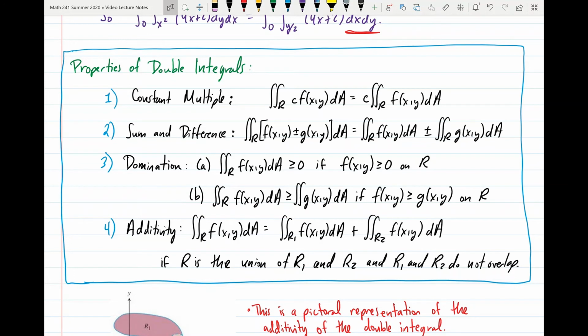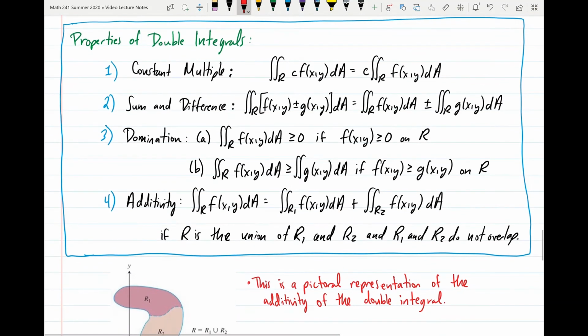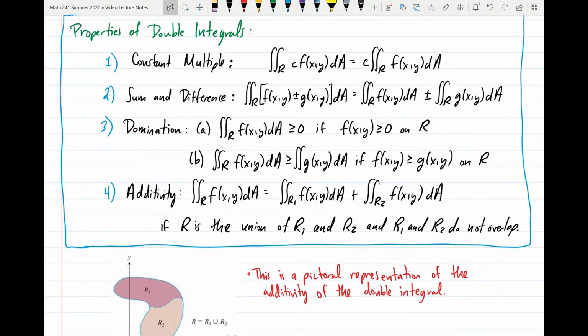So the first property is the constant multiple property, where if you have the double integral of c times f of xy, where c is just some constant, then you can pull the constant out of the double integral. So it's c times the double integral of f of xy over the region R. We also have sum and difference properties.